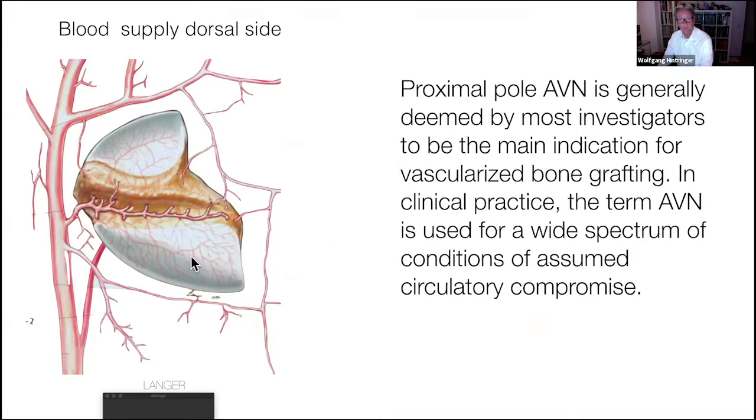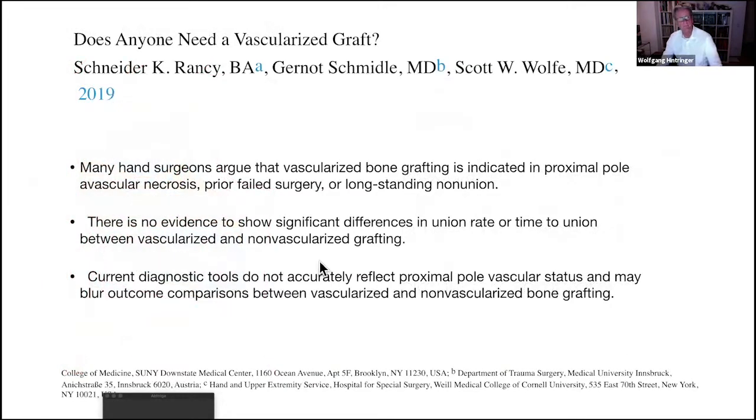The proximal pole is generally deemed by most investigators to be the main indication for vascularized bone grafting. In clinical practice, the term avascular necrosis is used for a wide spectrum of conditions of assumed circulatory compromise. Well, we have to discuss that sentence, and we will see later on what that means.